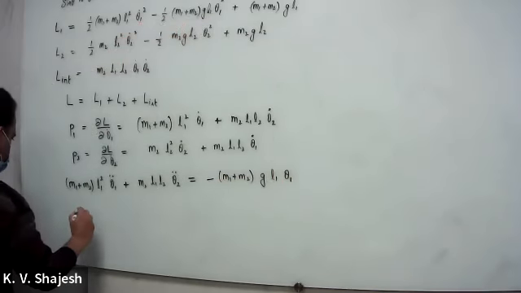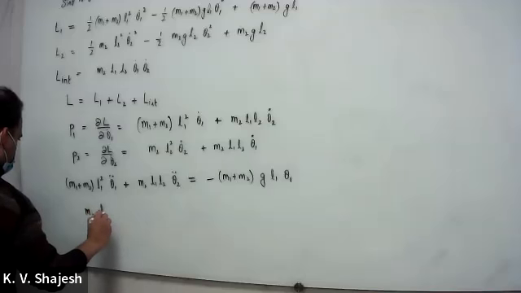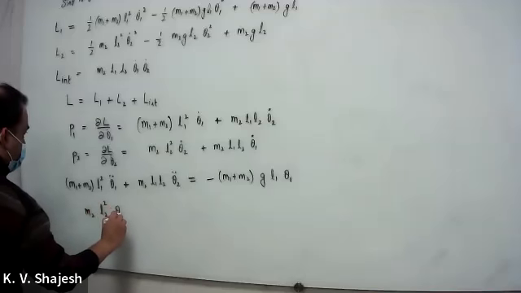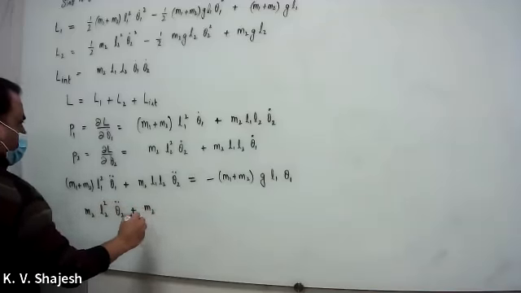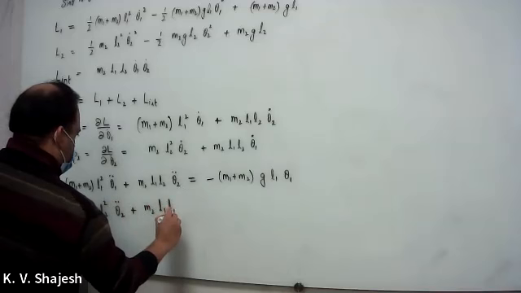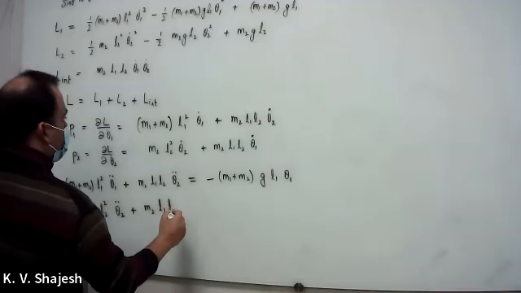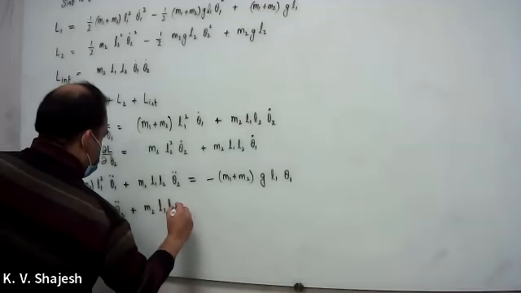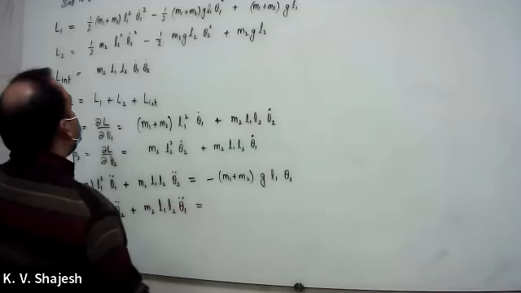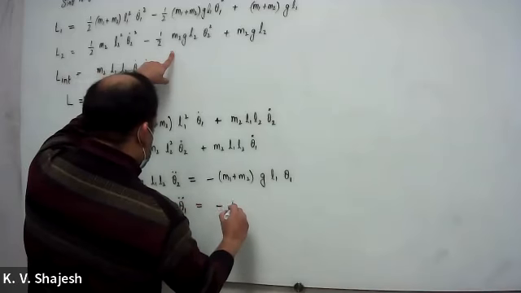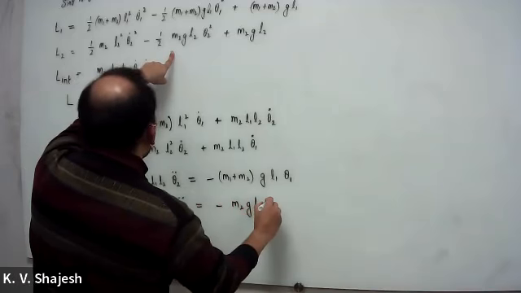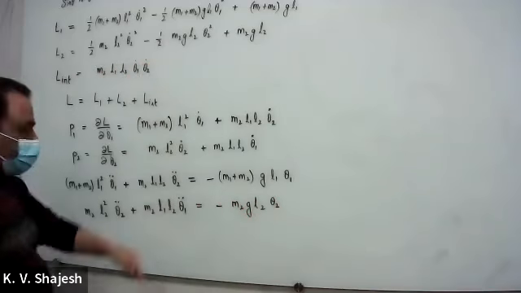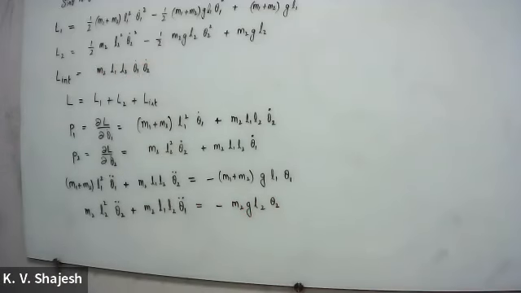Do the same thing for the next one. m2 L2 square theta 2 double dot plus m2 L1 L2 theta 1 double dot is equal to minus m2 g L2 theta 2.